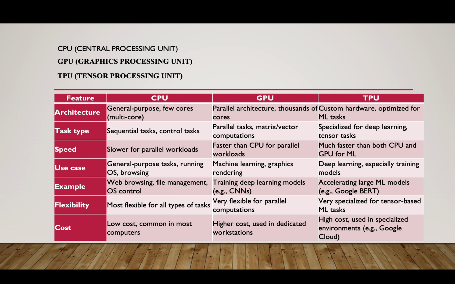Now coming to the TPU, the tensor processing unit. What is it? TPUs are specialized hardware accelerators designed specifically for deep learning by Google. They are application specific integrated circuits optimized for tensor operations, which are crucial in machine learning models, particularly in neural networks.